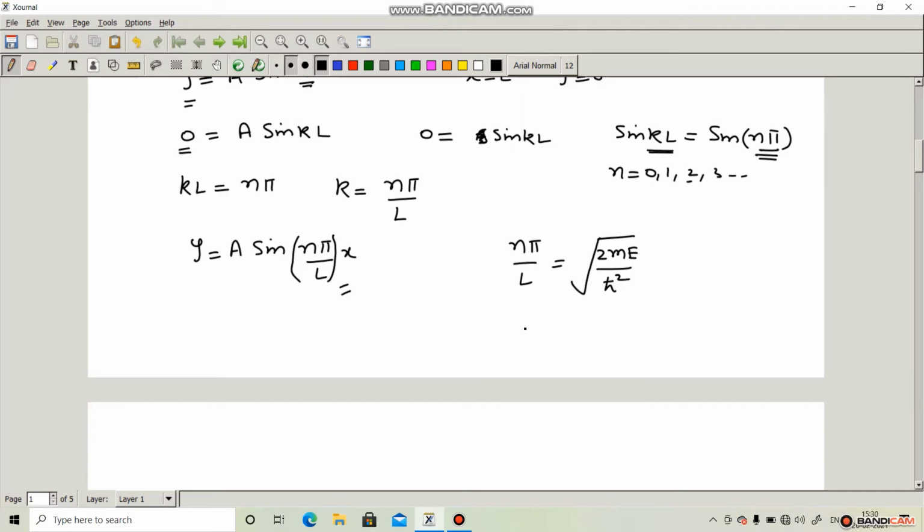Squaring both sides, it becomes n square pi square upon L square equal to 2mE upon h cross square, or we can say E is equal to n square pi square h cross square upon 2m L square.